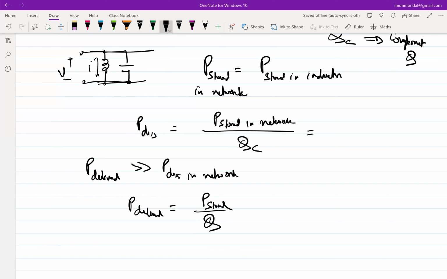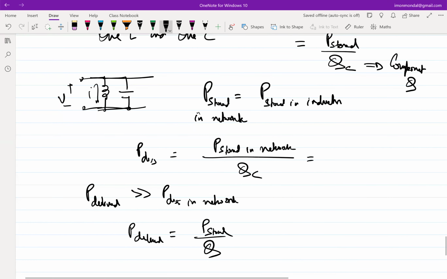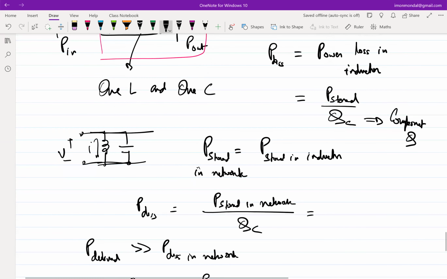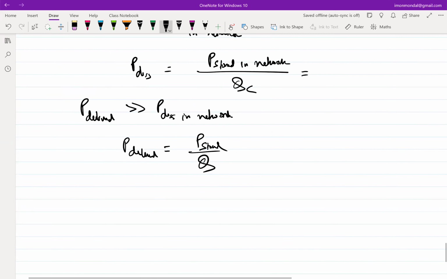But Q is the Q factor of the network. Okay. So fine. So now what were we? We essentially were power in is equal to power delivered plus power dissipated.